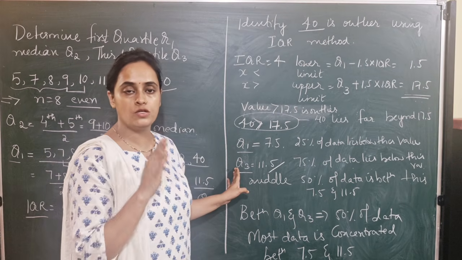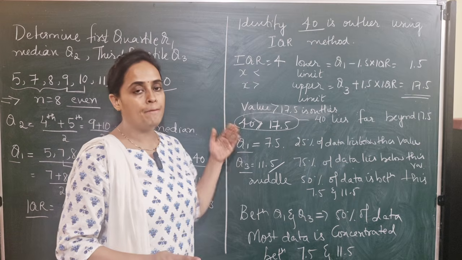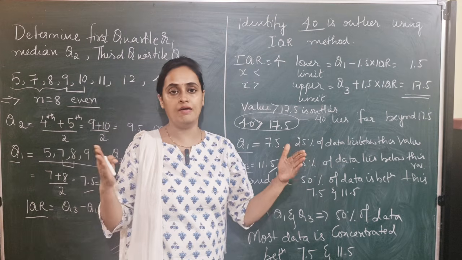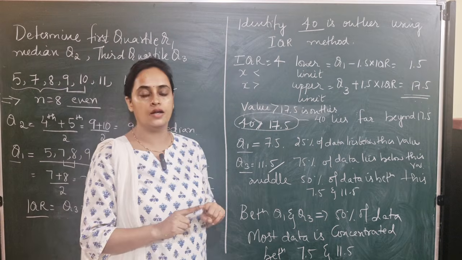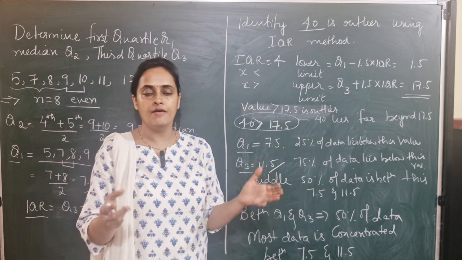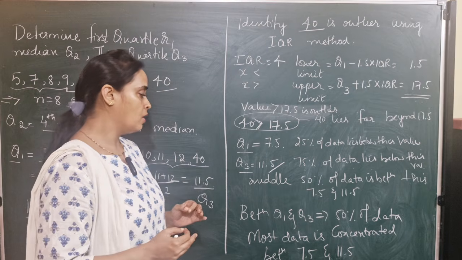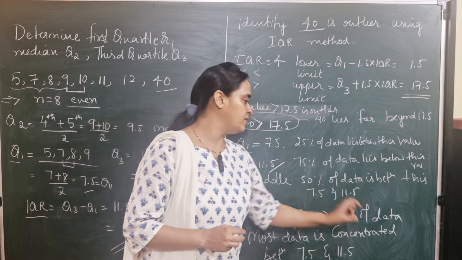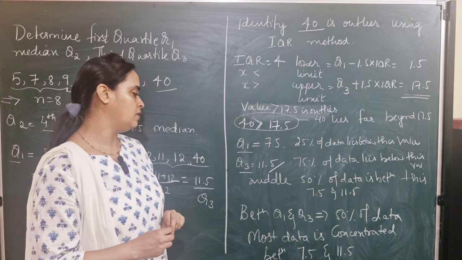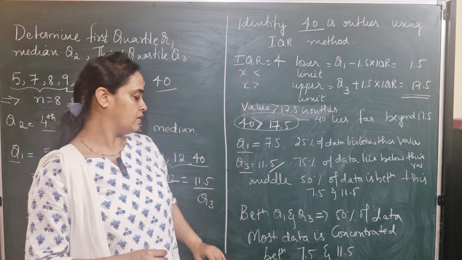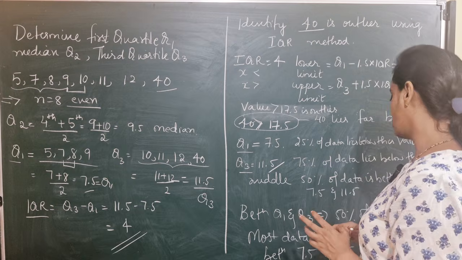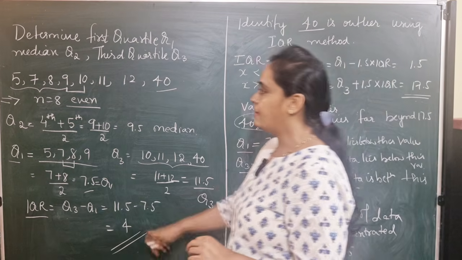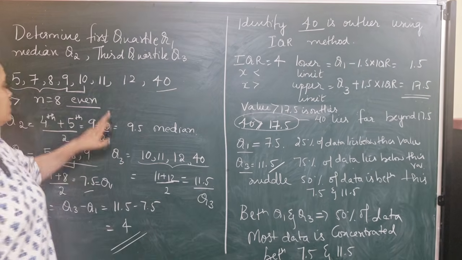Up to Q3, it is only 75% of the data, but in between Q1 and Q3 we have 50% of the data. So this problem will help you understand how the data is distributed within a given data set. Most of the data is concentrated between 7.5 and 11.5.